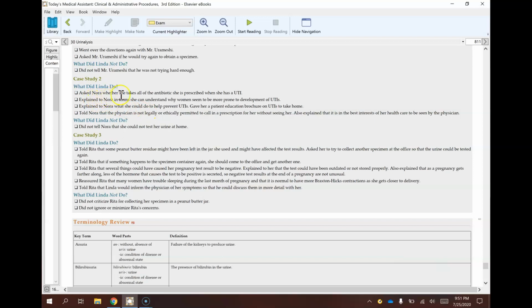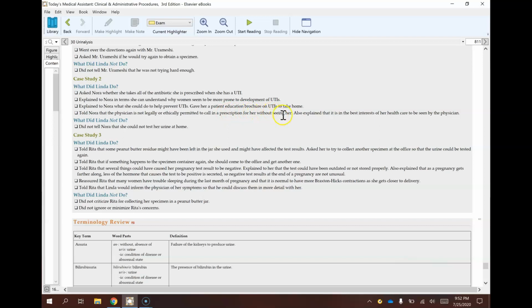So Linda did ask Nora whether she takes all of her antibiotics as prescribed. She explained to Nora in terms that she can understand why women seem to be more prone to UTIs. She also explained to Nora things she could do to help prevent that.